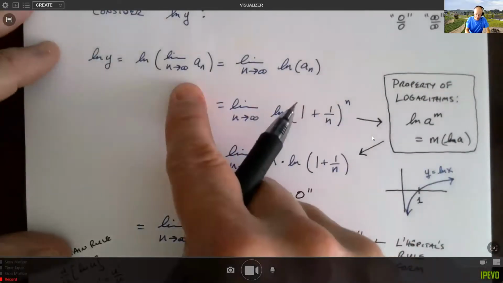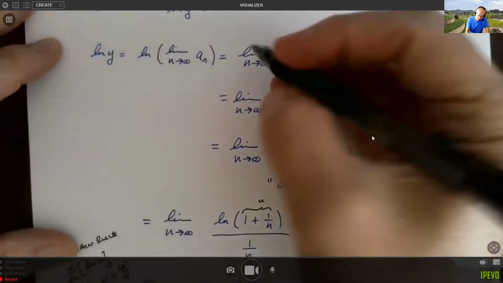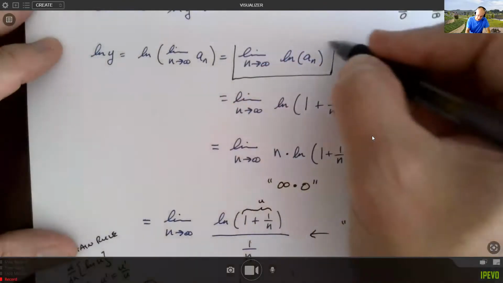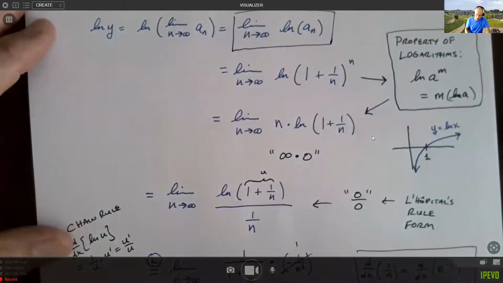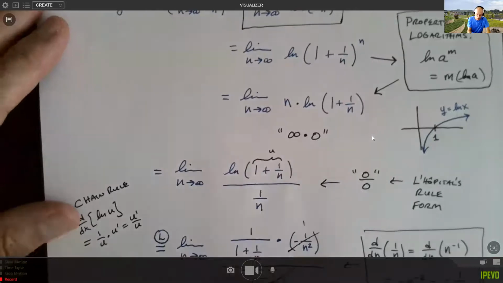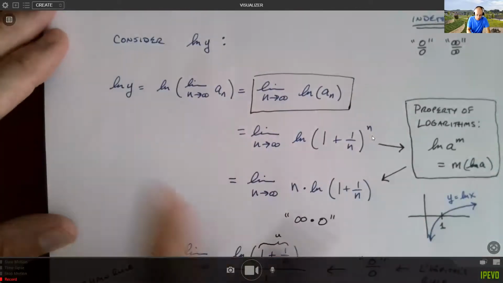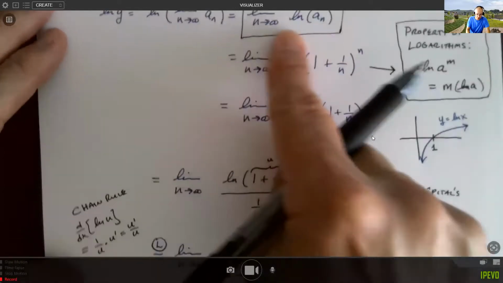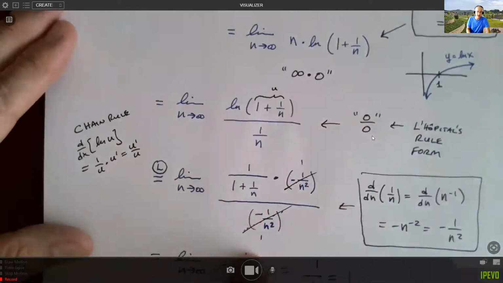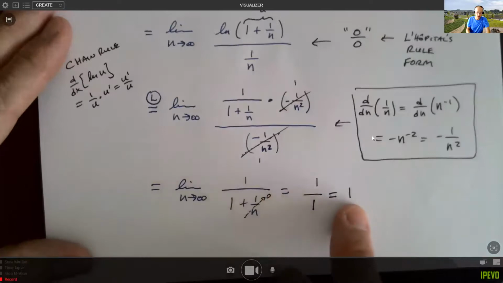But more importantly, right here, notice what we have. The limit as n goes to infinity of the natural log of a sub n is 1, or I'm saying the natural log of y is equal to 1.